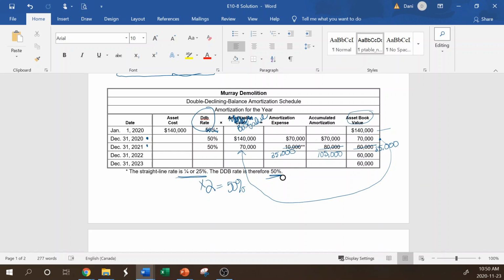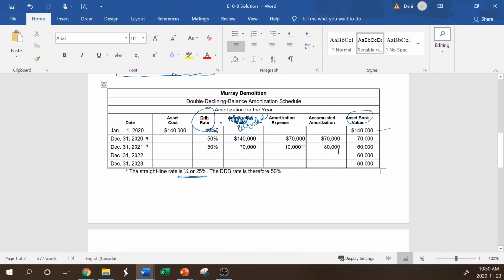And that is too low because we know we stop when the book value gets to the residual. So in this case, even though that's what you calculate out, we know that we can't use those amounts. We actually need to only get to this $10,000.